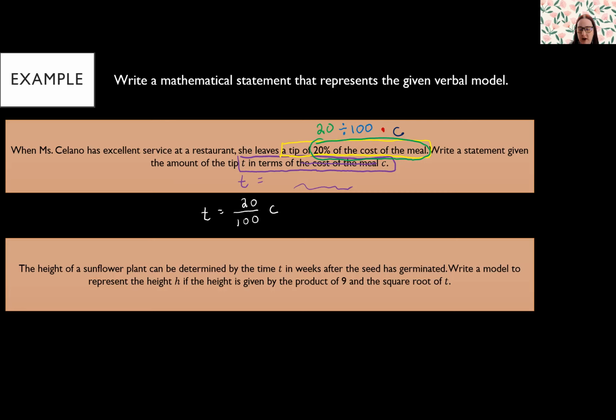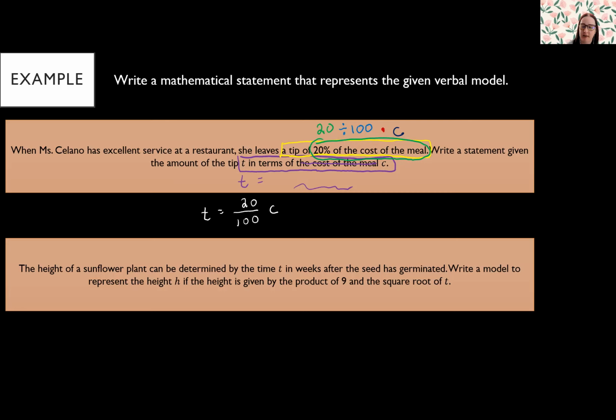Second example here, we've got the height of a sunflower plant can be determined by the time T in weeks after the seed has germinated. Write a model to represent the height if the height is given by the product of 9 and the square root of T. So the first sentence here is actually not really useful.